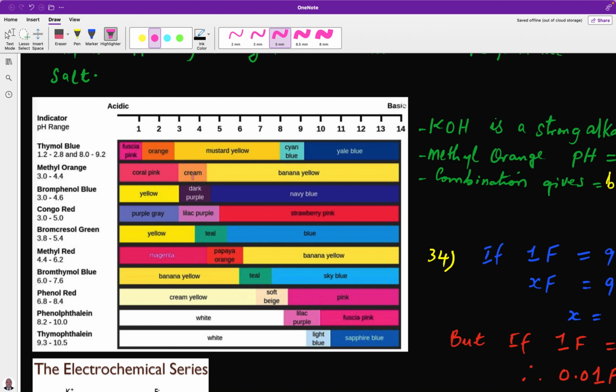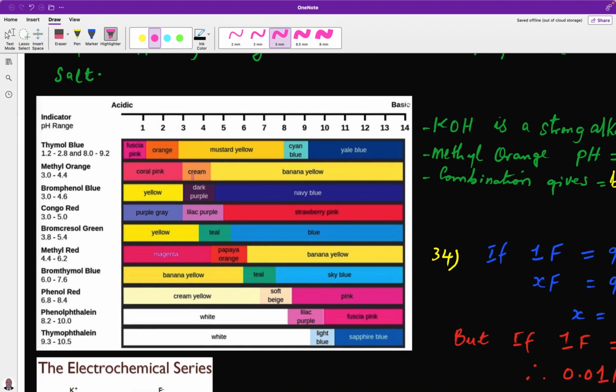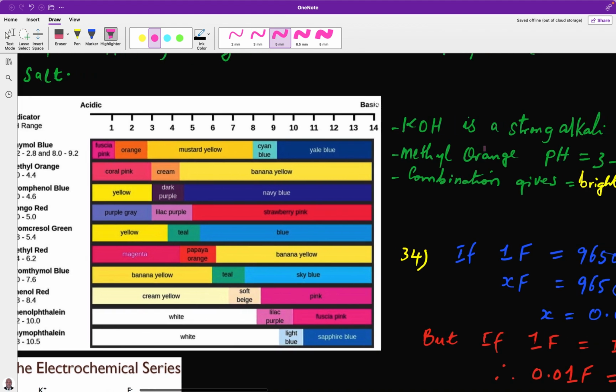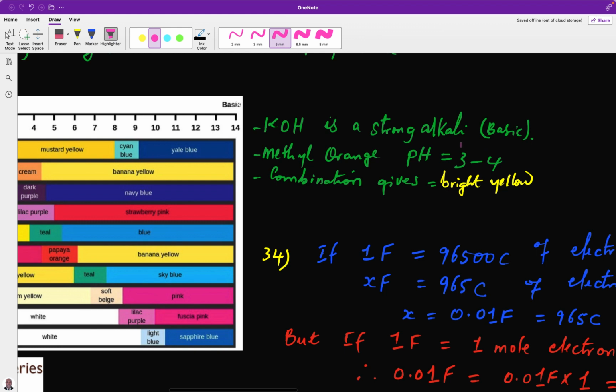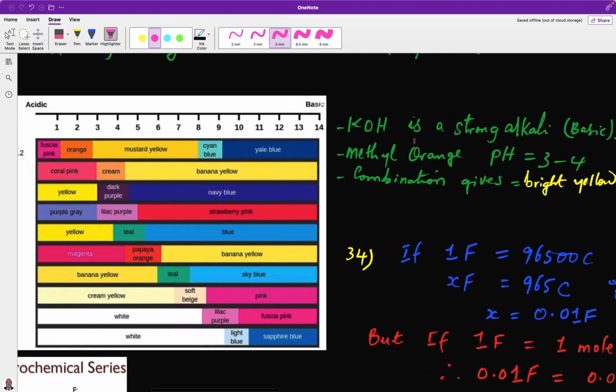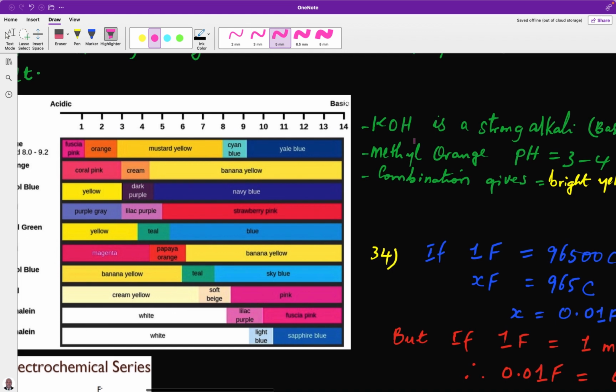But now methyl orange has to be mixed with potassium hydroxide. Potassium hydroxide is a strong alkali, and being a strong alkali, the pH is basic. I mean, the pH is above 12.